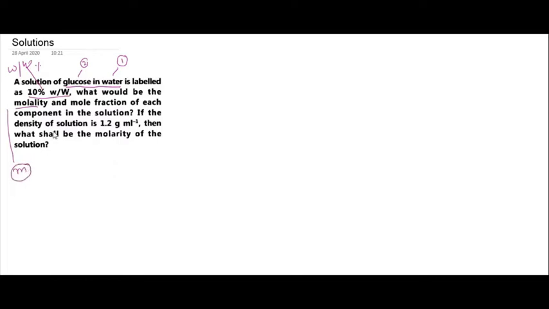The second question is we have to find the mole fraction of the solute, called chi. Then for each component of the solution, so not only for the solute, for chi1 also, this is the mole fraction of solvent and the mole fraction of solute. Both of them should be found out.